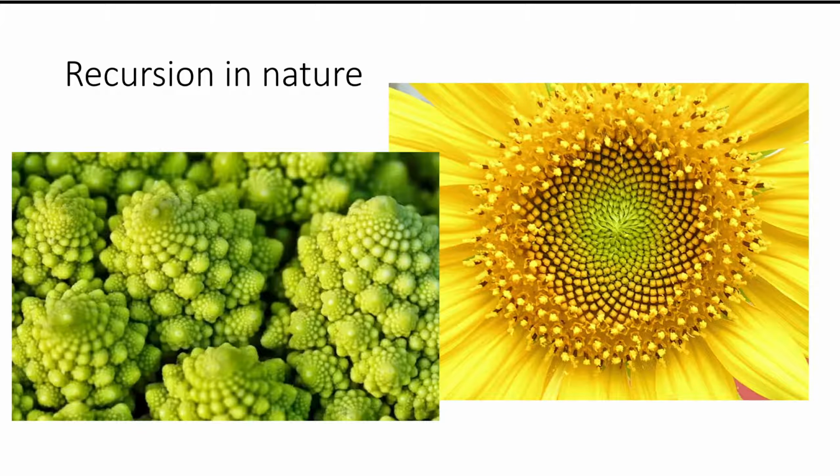So we can, for example, see here we have some kind of cabbage on the left side, and on the right side we have a flower. What we can see on the left side is this kind of pattern where things are progressing in size downwards in a spiral, and if we look into each one of these, they are actually a copy of the big one.